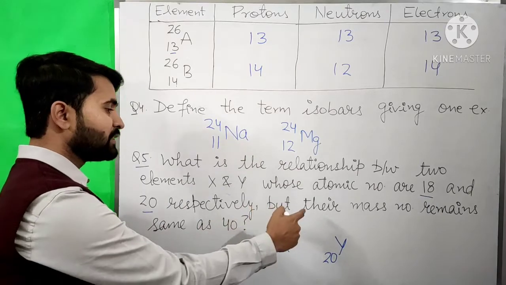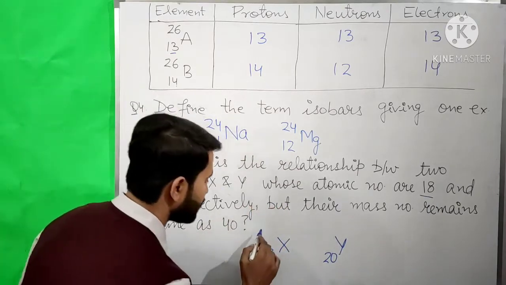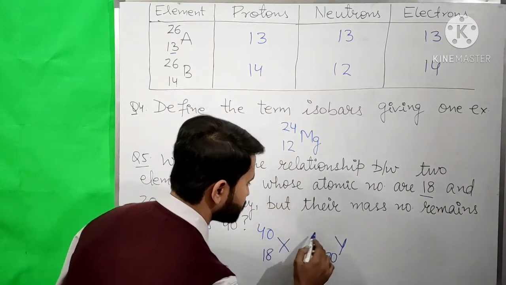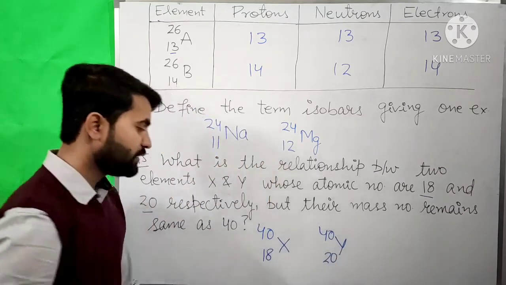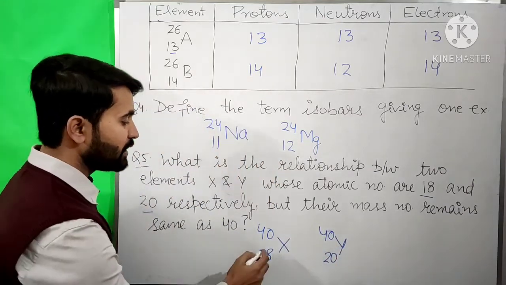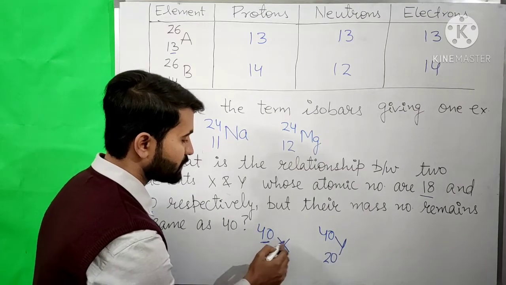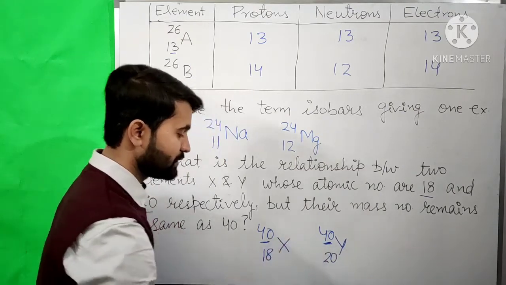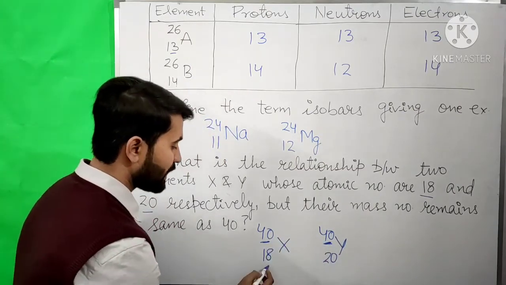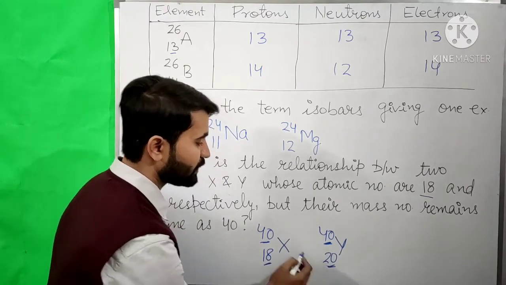Now they are having same mass number, that is 40. So from this we can easily see they are a pair of isobars because their mass number is same, whereas the atomic number is different.